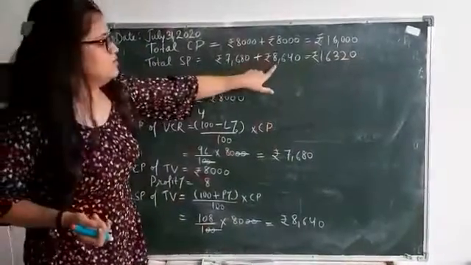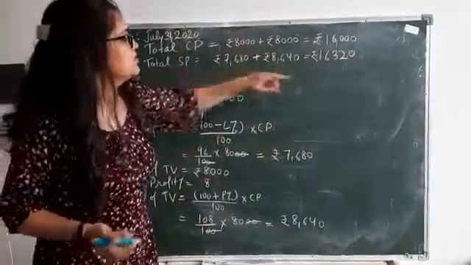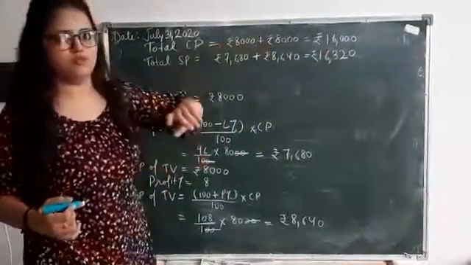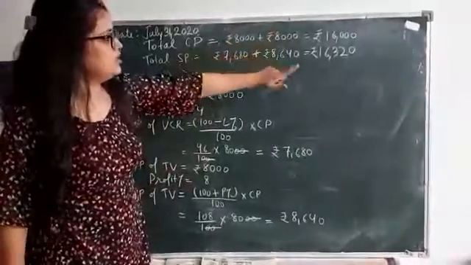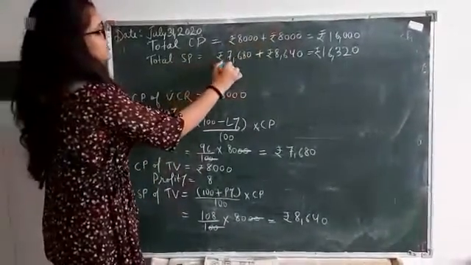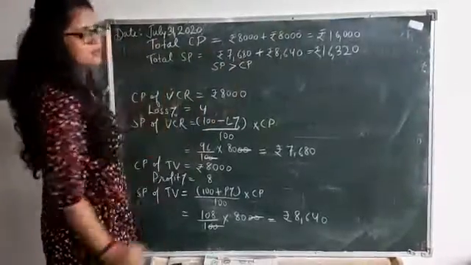The sum of both the selling prices is 16,320. The sum of both the cost prices is 16,000 rupees. What is greater now? CP or SP? Clearly SP is greater than CP. Write down SP is greater than CP.